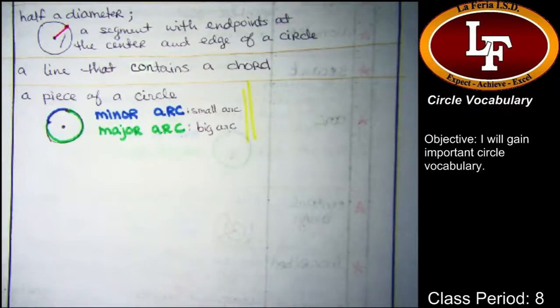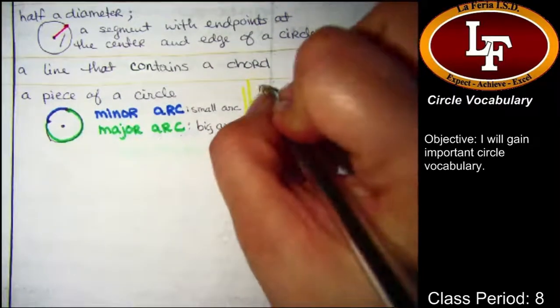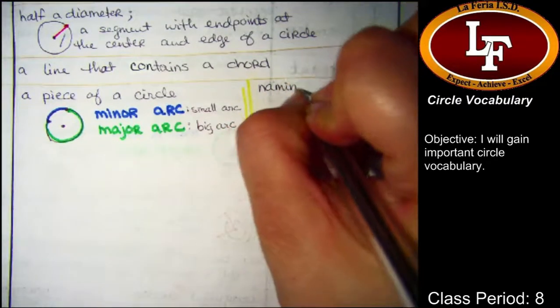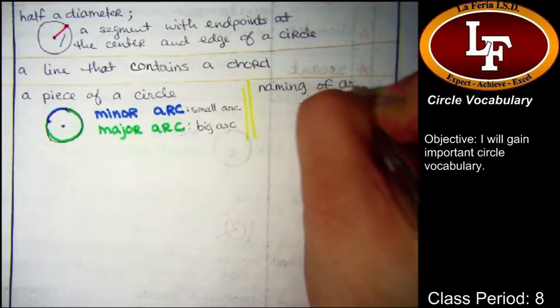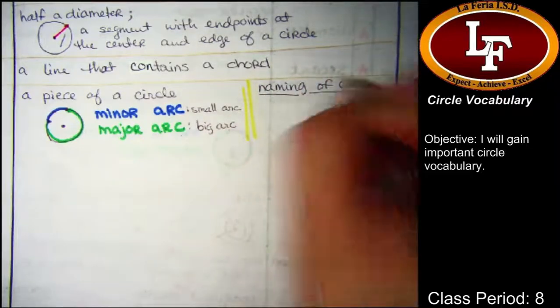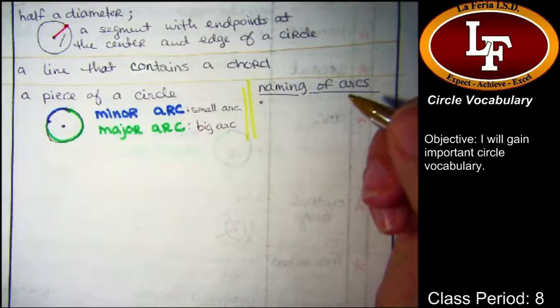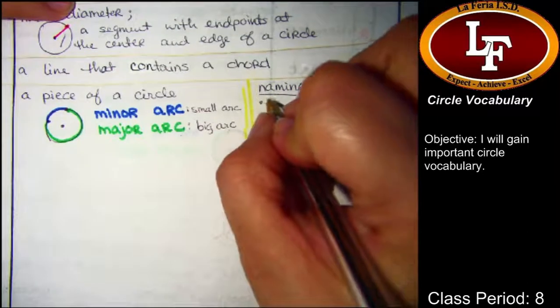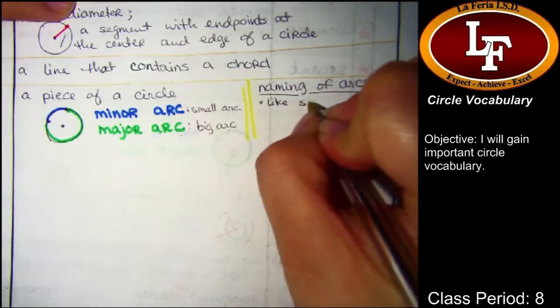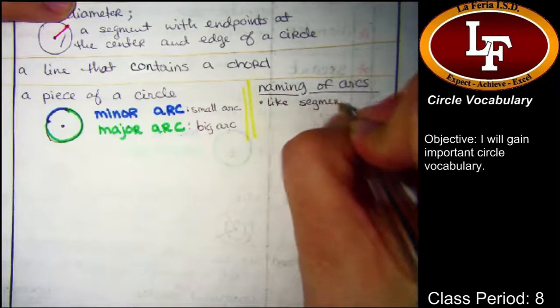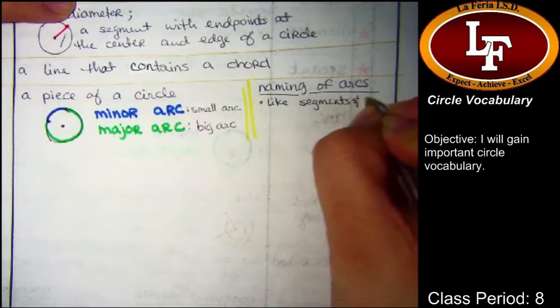While we're here, let's take a moment to discuss the naming of arcs. The way we name arcs is going to be really similar to the way in which we name line segments and angles.